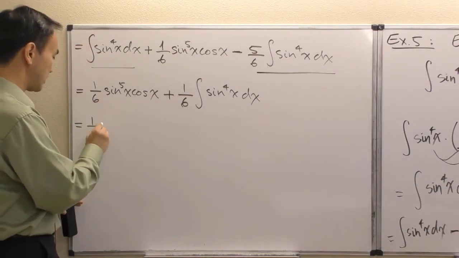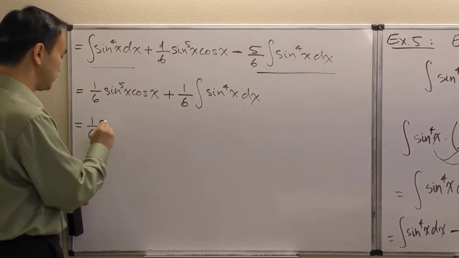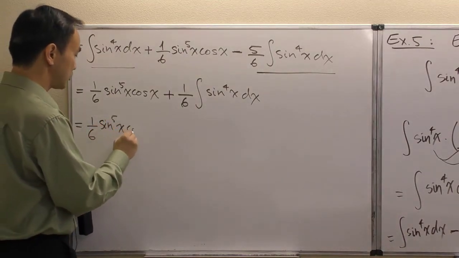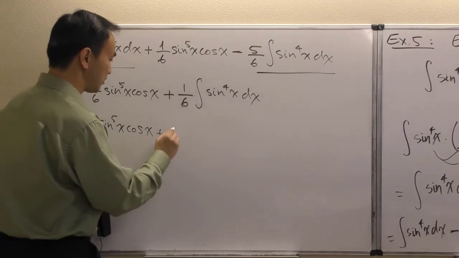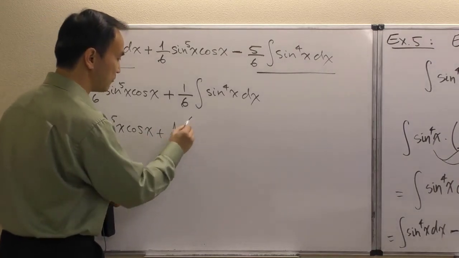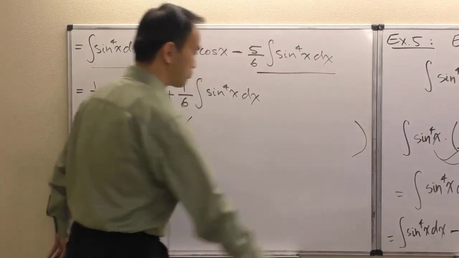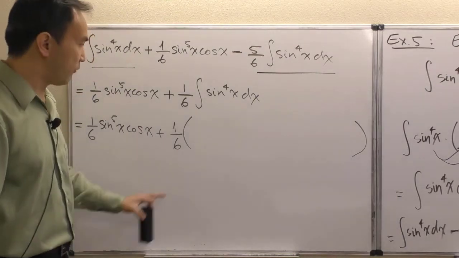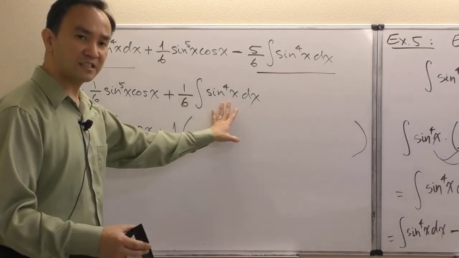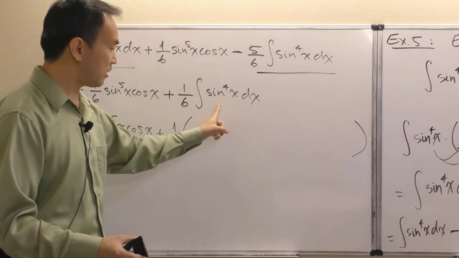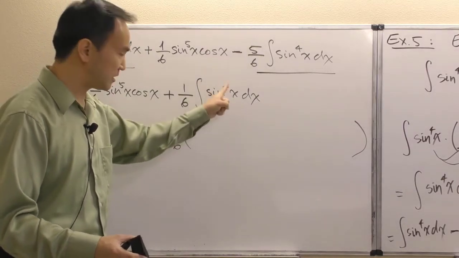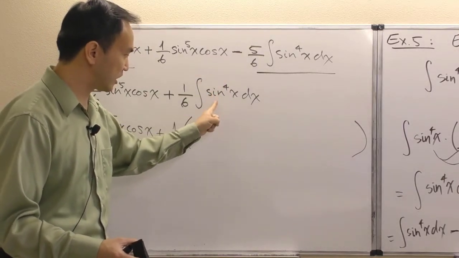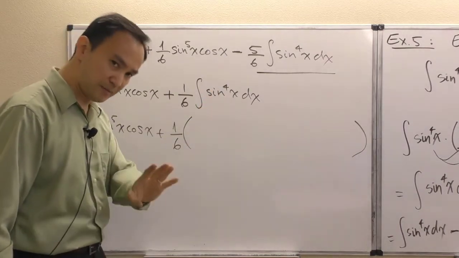So this 1/6 times sine to the 5th of x times cosine of x, plus, now I'm going to put the 1/6 as a coefficient, and I'm going to now produce a pair of parentheses. Okay, and ready for applying directly that reduction formula on this single high power of sine of x right here, sine to the 4th of x, and it's an even power again.